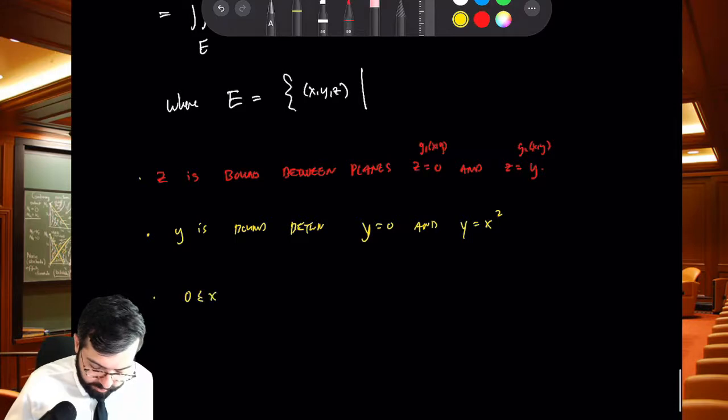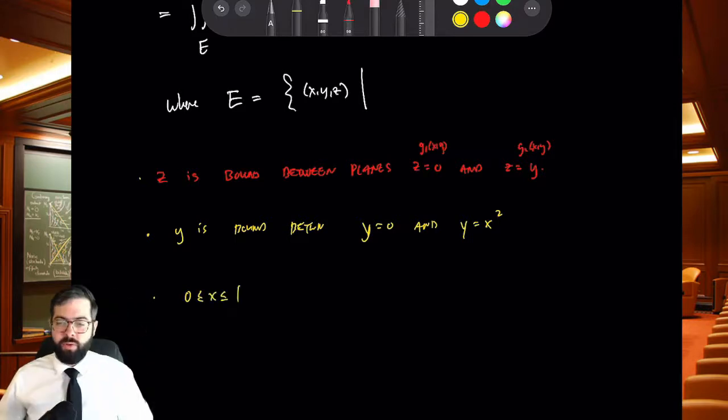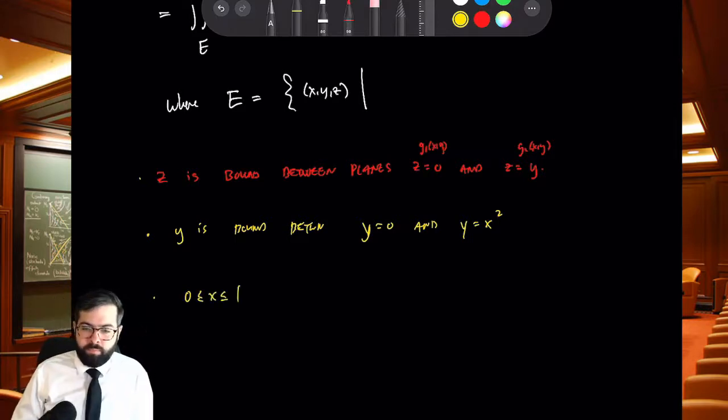And x we see is just bound between 0 and 1. So it still might be hard to picture this, and this is actually not super easy to visualize in your head.